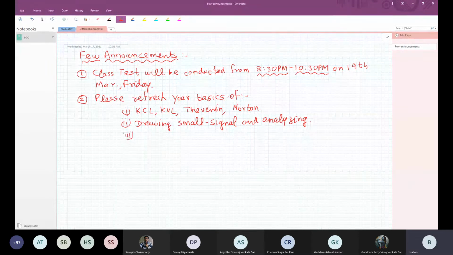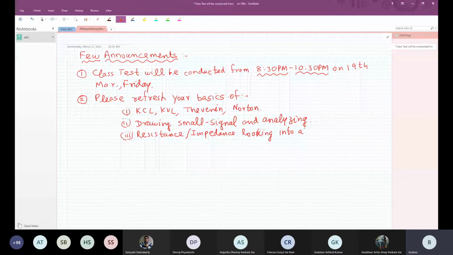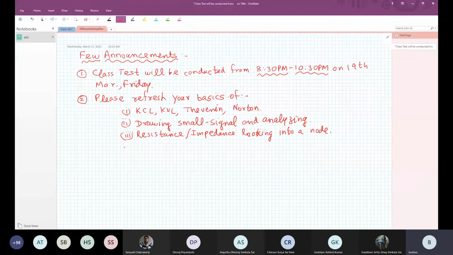Okay, then whatever has been covered in the class: resistance slash impedance looking into a node, then effective GM figured out.